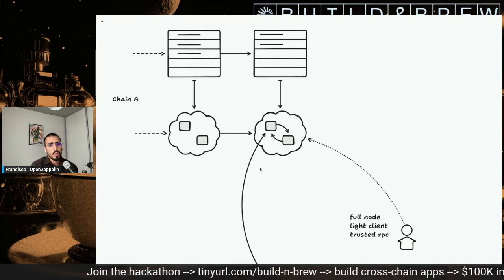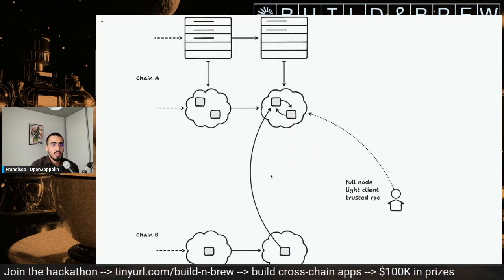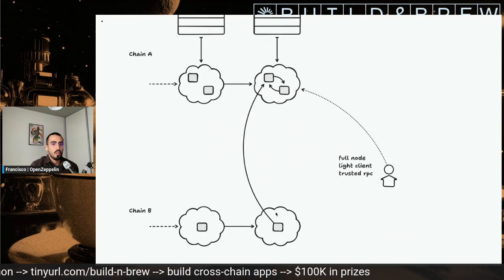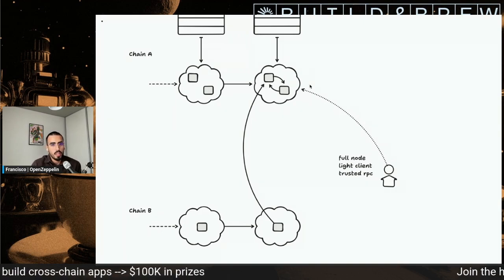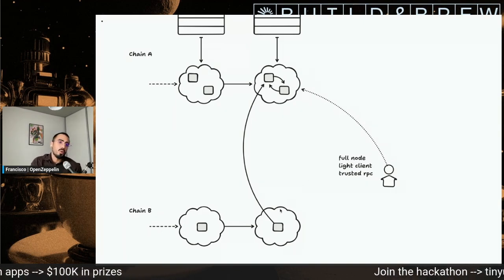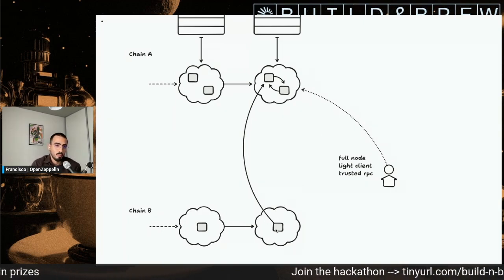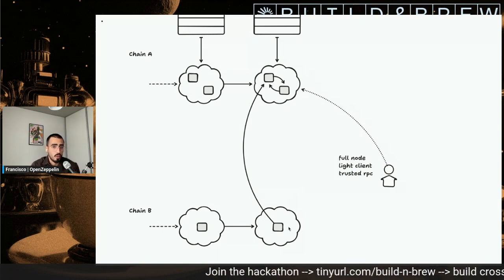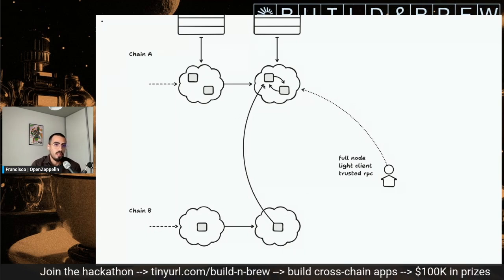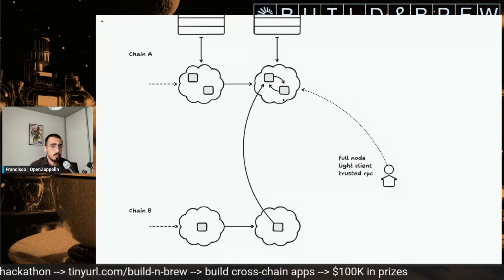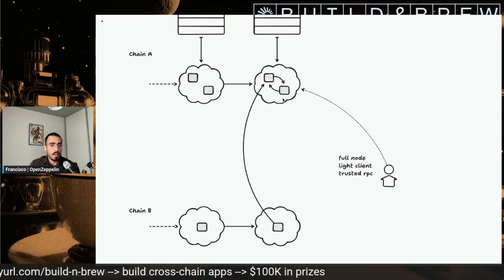So what we're going to have in a cross-chain system is two chains where, not too dissimilar to what we have here with a user reading from the chain, we actually want another chain and possibly a smart contract on this other chain to get to know the state of chain A in this case, and read from it and interact with it.